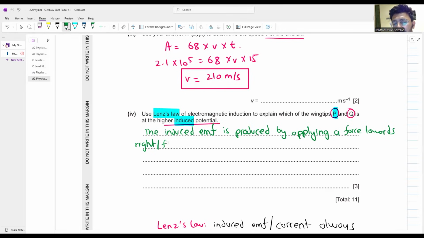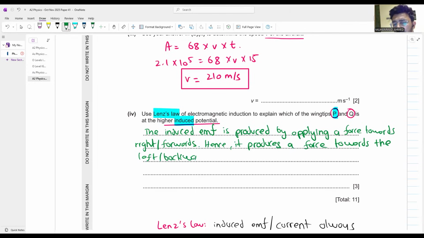Induced EMF is produced by applying a force towards the right or in the forward direction. Hence it produces a force towards the left side or towards the backwards.